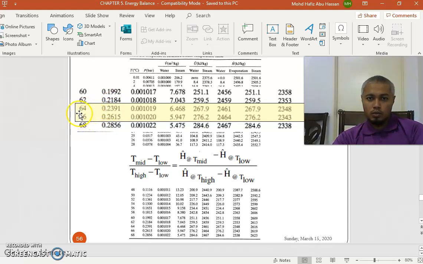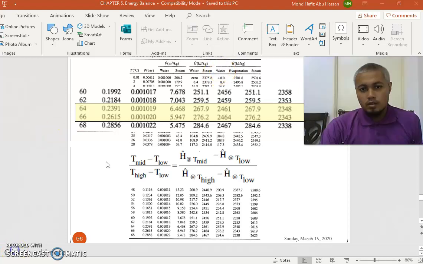So we do interpolation and then we can get the value of enthalpy for water.